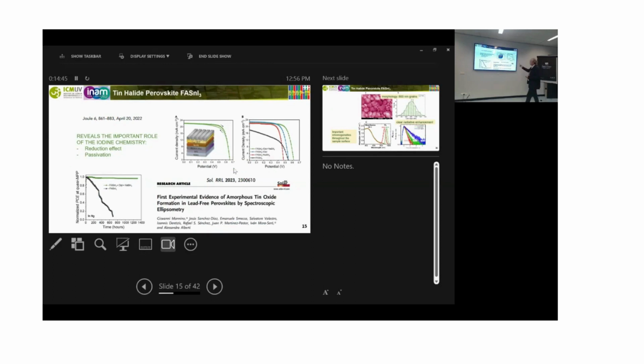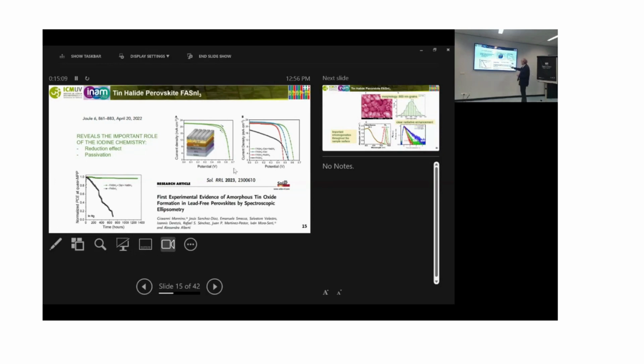These solar cells are shown here. We are able to have practically, well, not a record, but a very high 11% of solar efficiency, and the important work is the study with respect to the case of tin iodide without the additives.